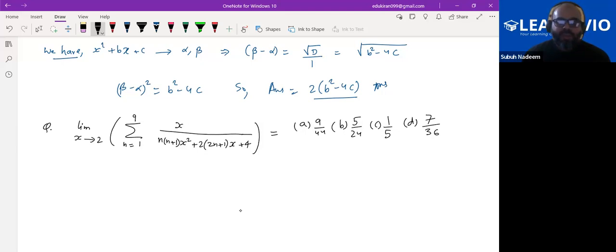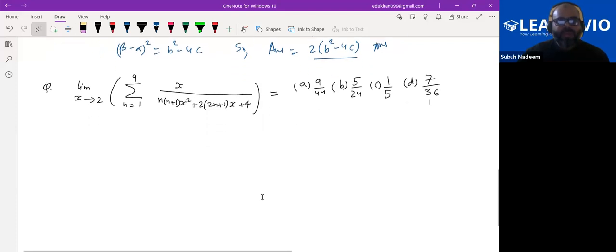It is not any indeterminate form, it is a determinate form. Students may unnecessarily get confused by the concept of limit, but here simple substitution will be done.